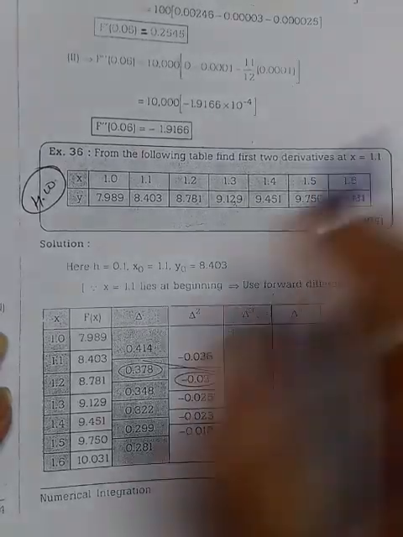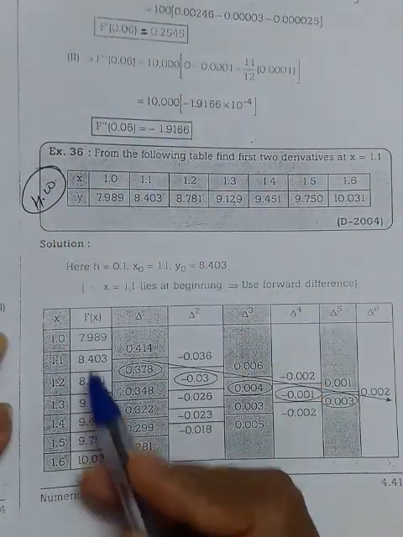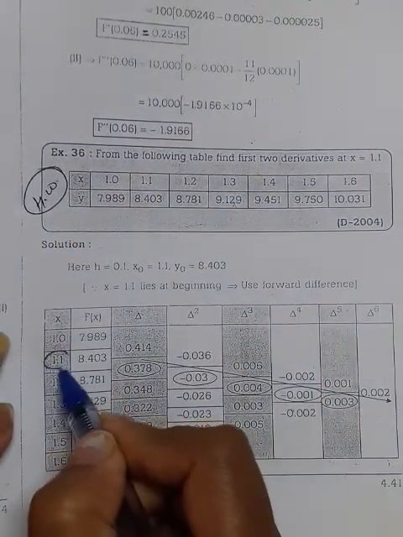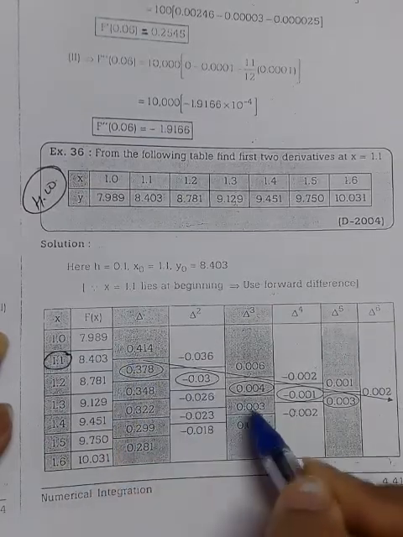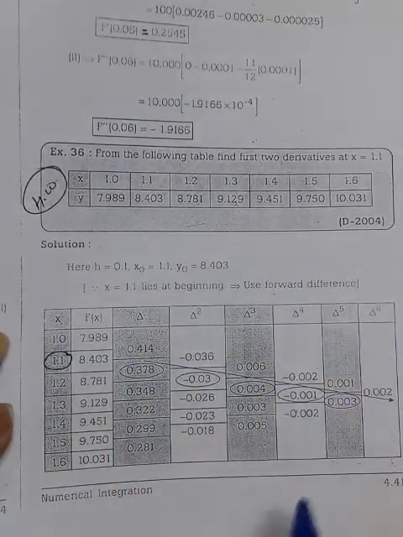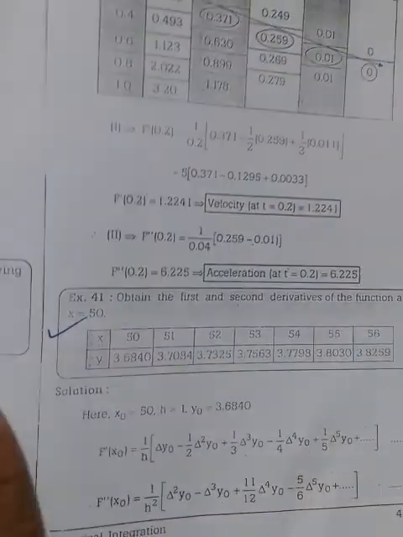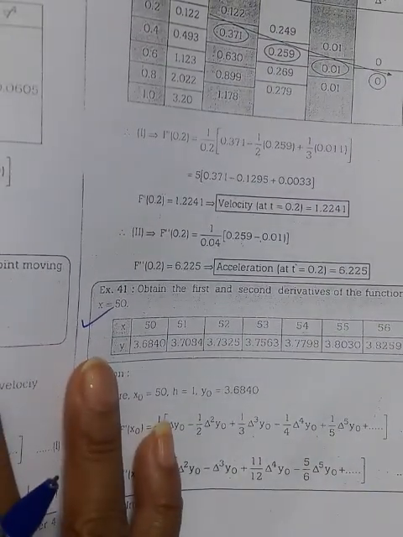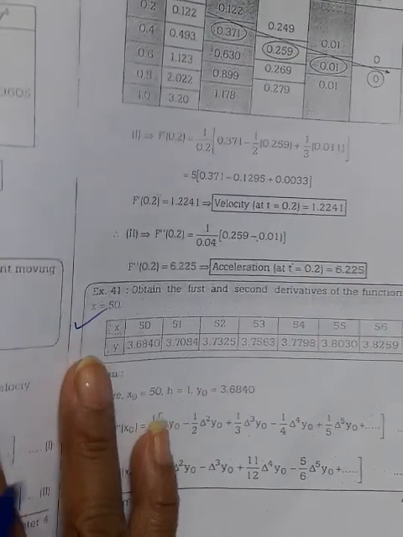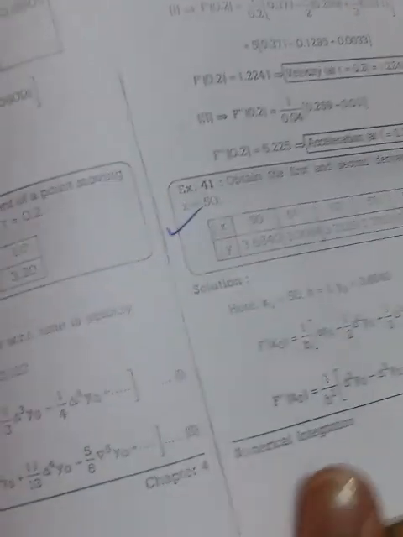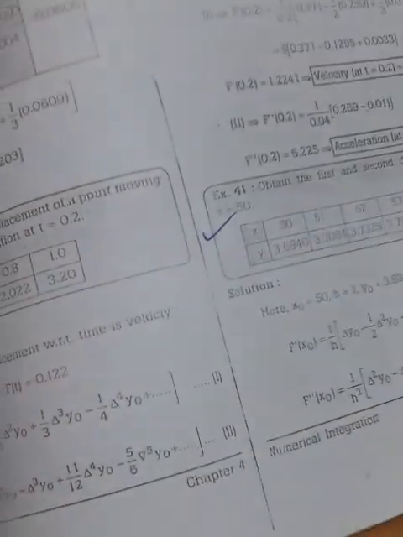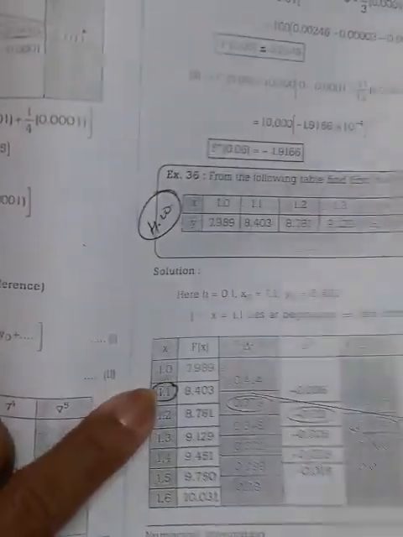The second values are this one and this one from the top. This we have solved already; this example is our first example.